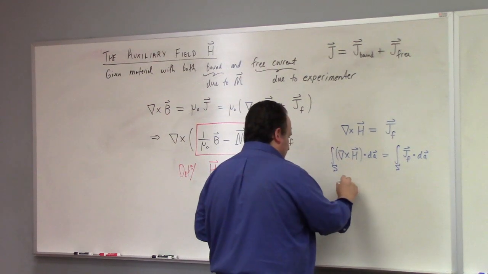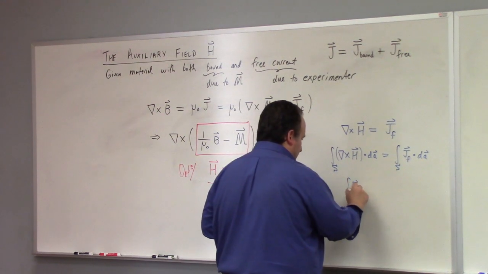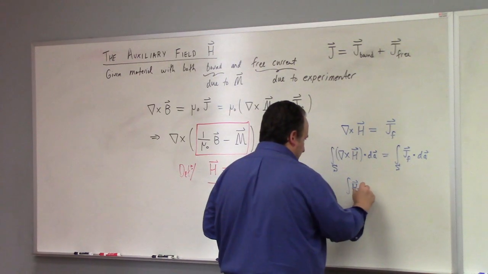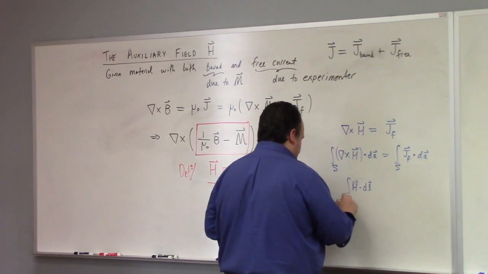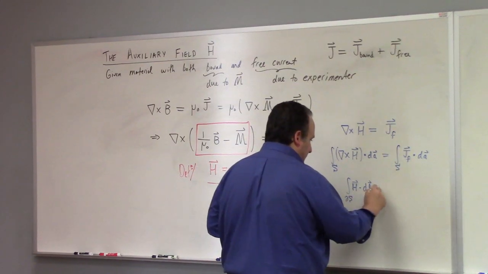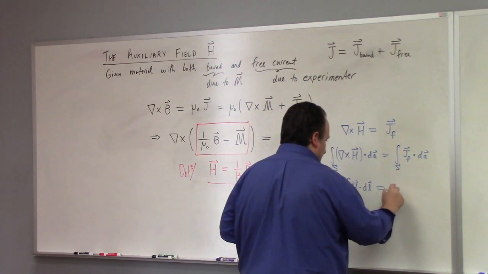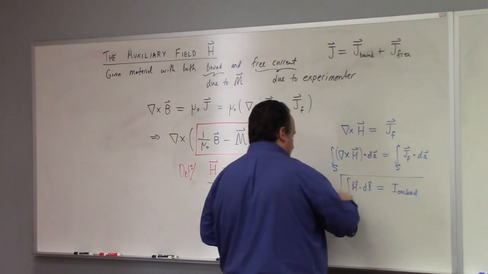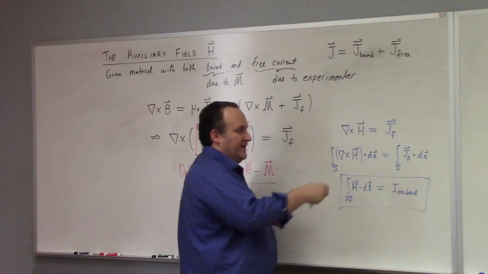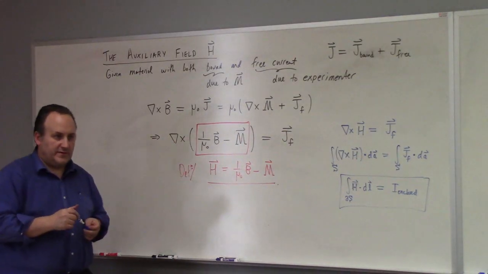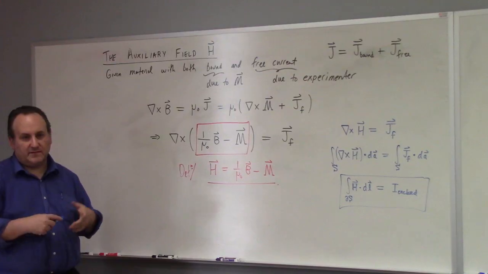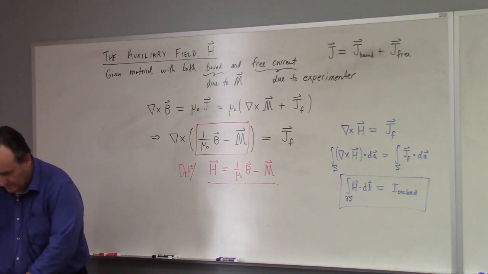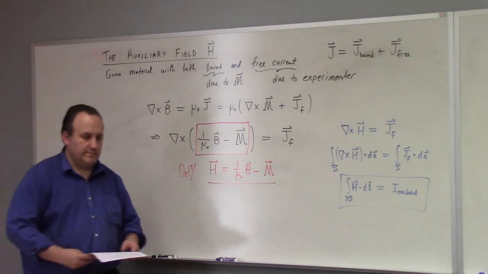And on the other side, we can do Stokes' theorem, and we trade the flux of the curl for the circulation of the auxiliary field, because I don't have a better name for it, around the edge. But there you go. That's basically the integral form of Ampere's law for the auxiliary field. Notice the absence of the permeability. All right.